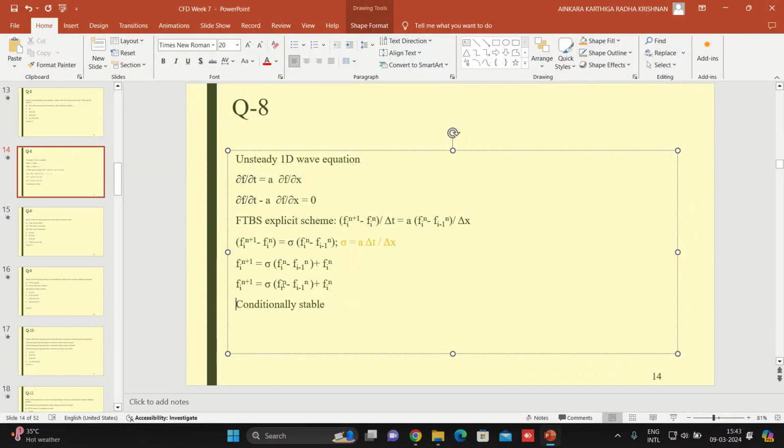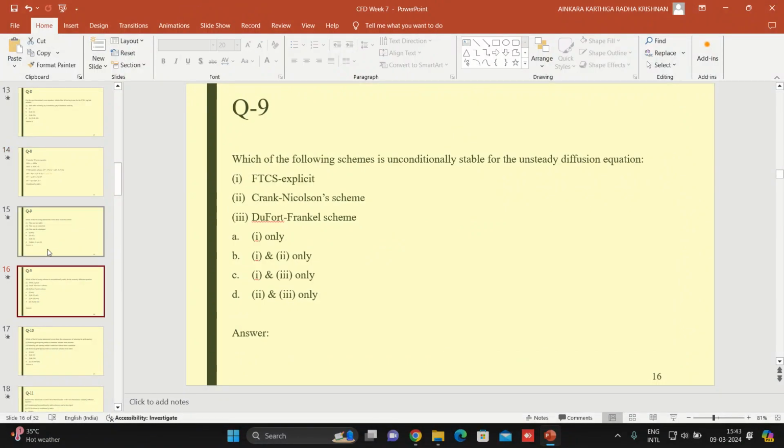sigma f i n is equal to sigma plus 1, plus 1. Yes, it should be something like this.